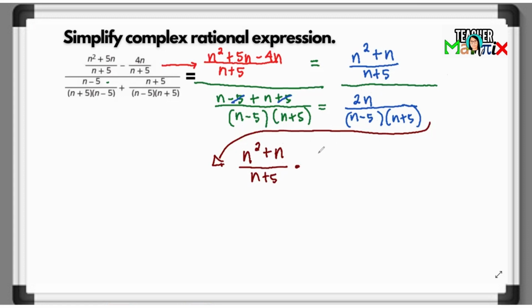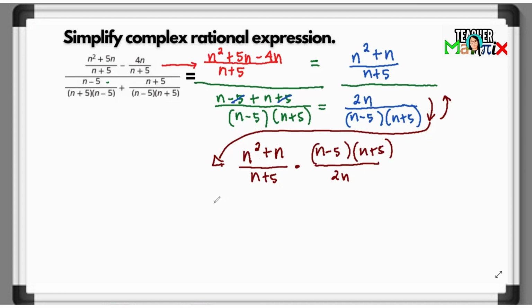Flip this. Meaning, this place is now transferred in the numerator's place. So this now becomes the numerator, n minus 5 times n plus 5 over 2n.